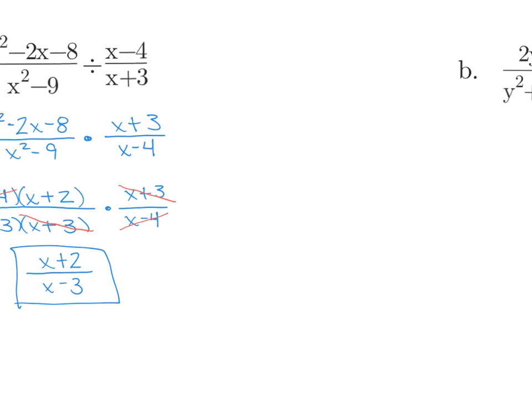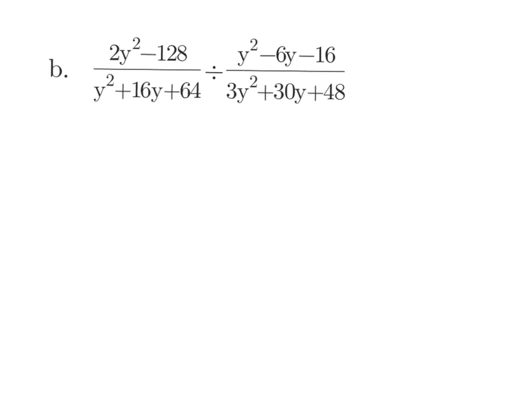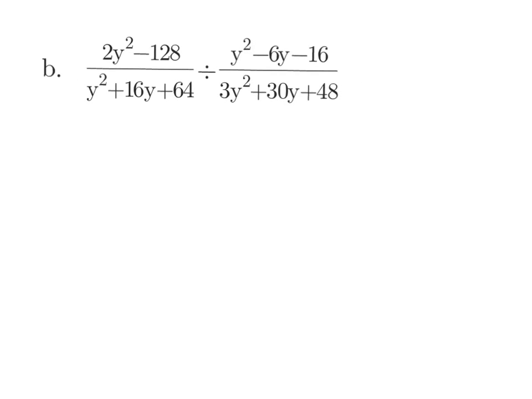All right, let's look at example B. All right, so looking at example B, the first thing I want to do is copy dot flip. I get 2y squared minus 128 over y squared plus 16y plus 64, dot, we're going to flip the second fraction.